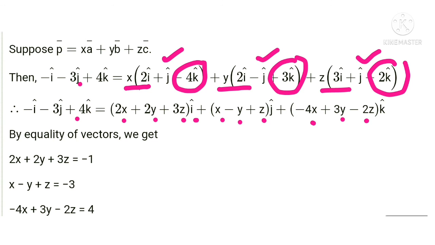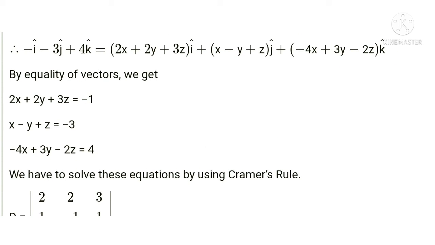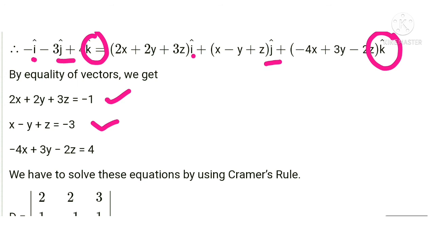Now by equality of vectors, i cap you compare: 2x plus 2y plus 3z is equal to -1. Then j cap: x minus y plus z is equal to -3, and k cap: minus 4x plus 3y minus 2z is equal to 4.